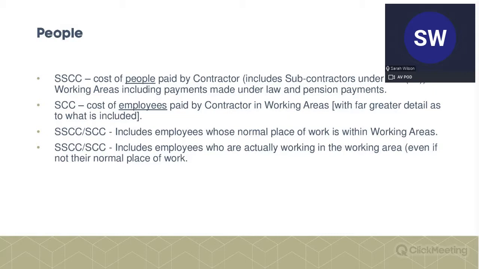So, this is all to make sure that nothing's missed off, which is really important because, clearly if something's missed off, you can't recover it. And, we've already seen that the contract specifically says if it's not in that list, you can't recover it because it's deemed included in your fee percentage. So, you're immediately then eating into your fee percentage, which is then going to reduce your OHP figure.